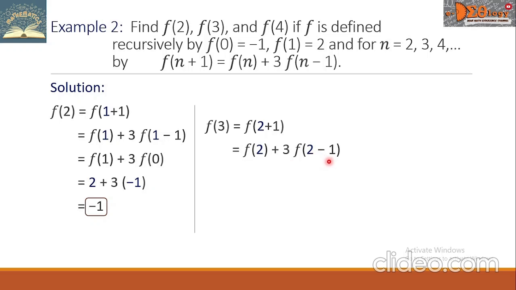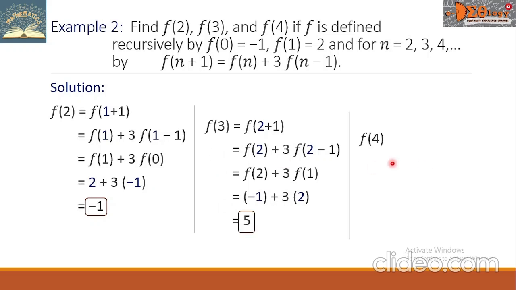This 2 minus 1 is 1. Let us now substitute the corresponding values for f of 2 and f of 1 respectively. F of 2 is negative 1 and f of 1 is 2. So we have here negative 1 plus 3 times 2. 3 times 2 is 6. Then plus the negative 1, we have positive 5. This is the value of f of 3.